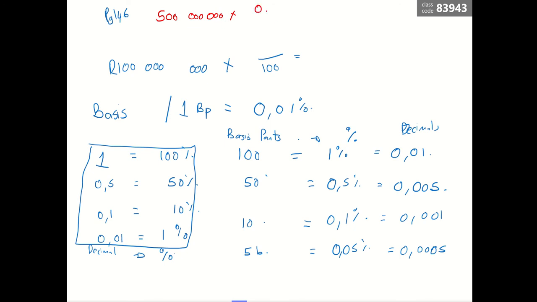So let's just do this. 1 basis point will be equal to 0.01%, which is equal to 0.0001. And that will give you an amount of $50,000 a year.